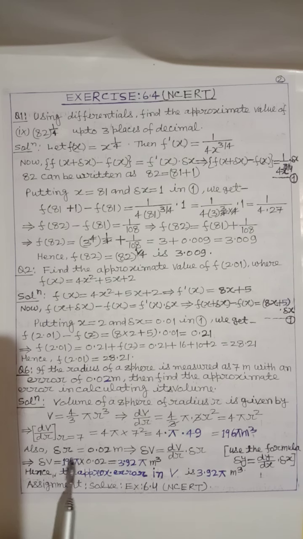Del r we have given 0.02, and finally we get this equals 3.92 pi meter cube. Therefore the approximate error in calculating its volume is 3.92 pi meter cube. This is the answer.